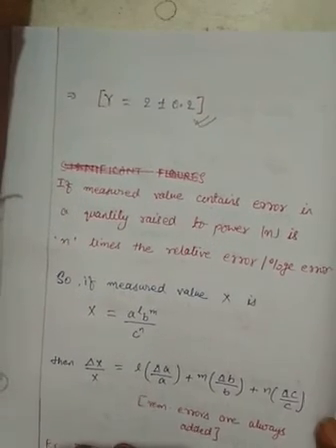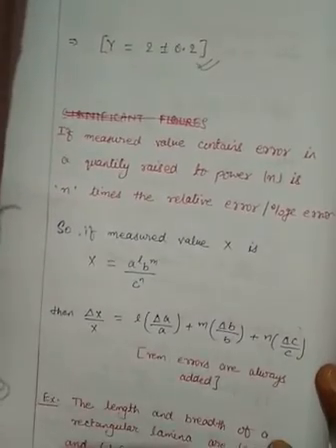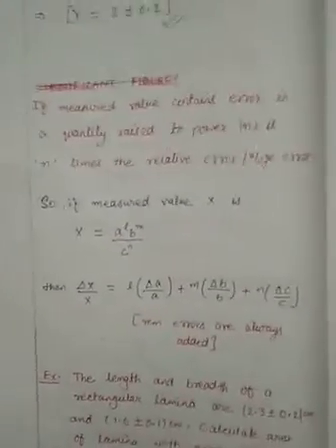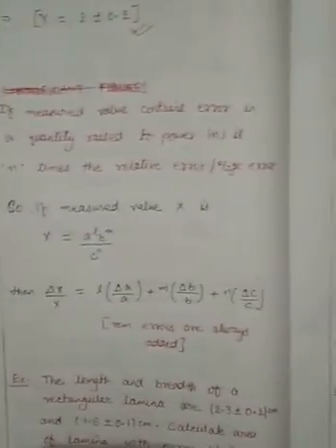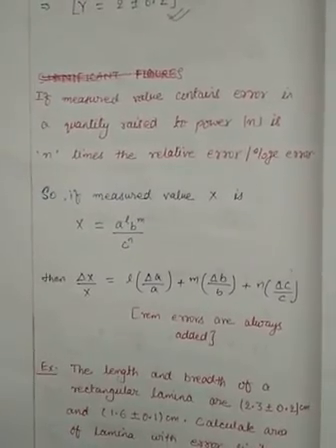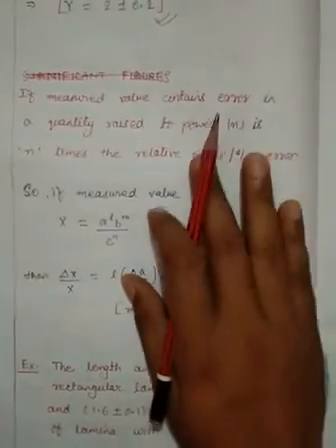Now one different part is left over: how we can determine the combination of error when something is given in exponential form, or you can say the complex form. For that, I have one example.